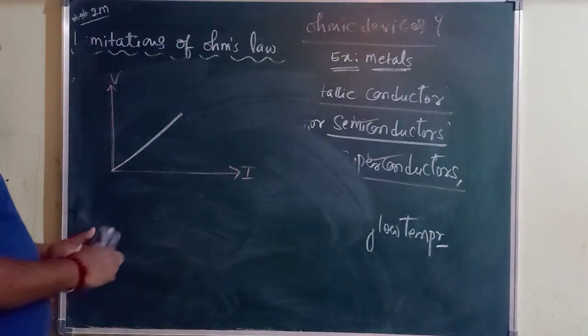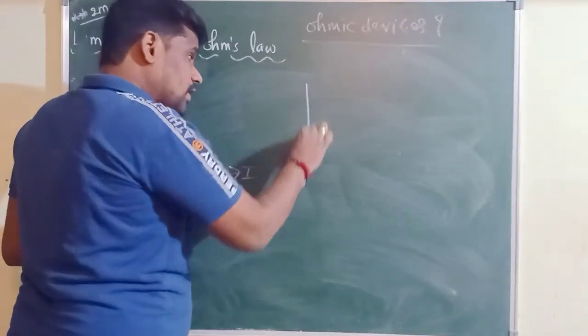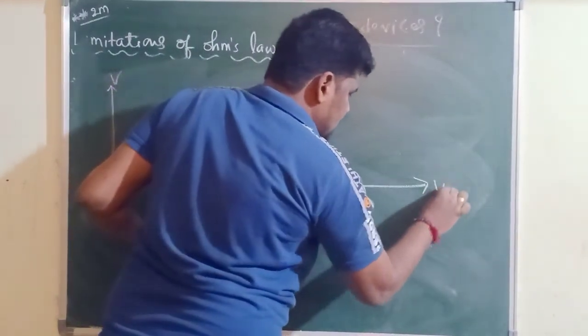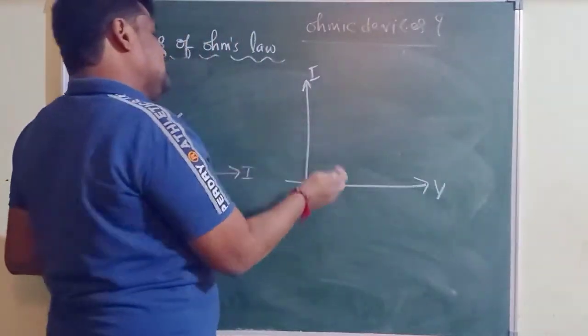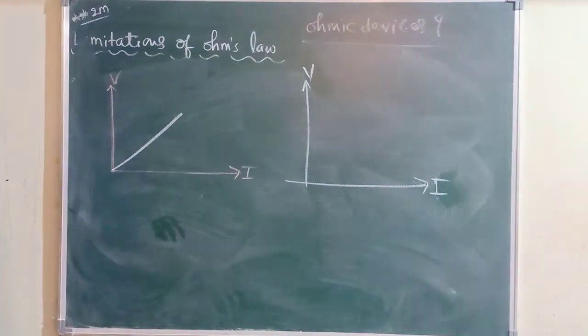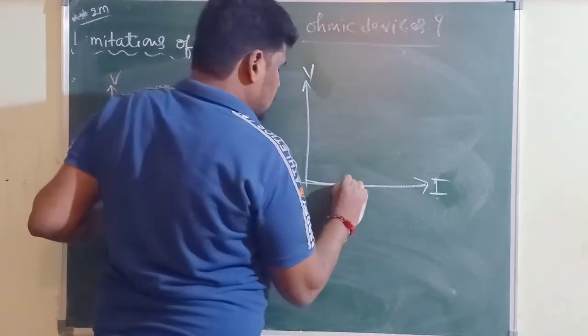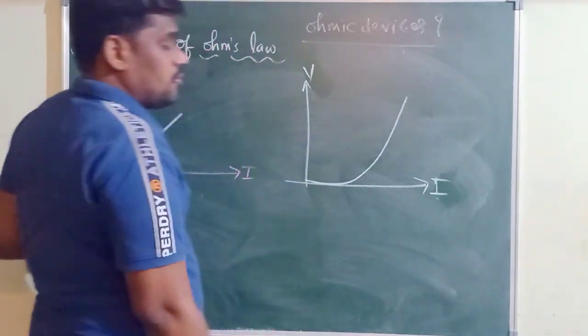Suppose you plot the same graph for a non-ohmic device, with voltage along either axis. For a non-ohmic device, that graph may not be a straight line.